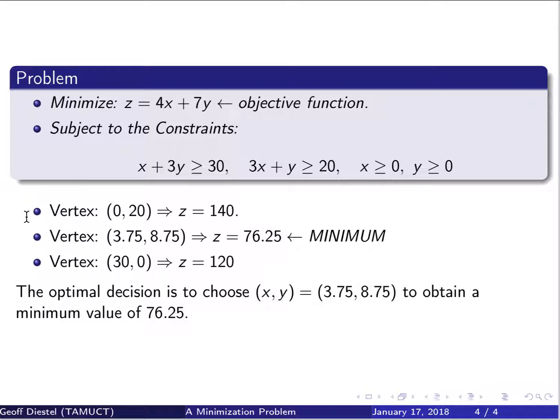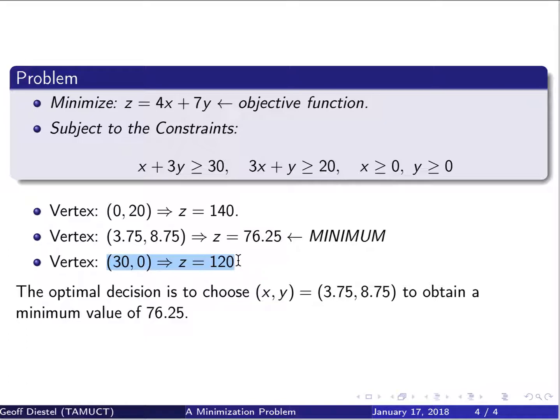So again, with our problem, with our vertices known, we just plug them in. Vertex (0, 20) just means plug in 0 for x, 20 for y, into z, and that gives us the value of 140. Doing the same for the other vertices, the vertex (3.75, 8.75) gives us the minimum value of 76.25, because the other vertex of (30, 0) gives us a value of 120.